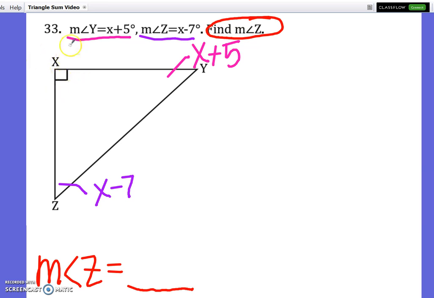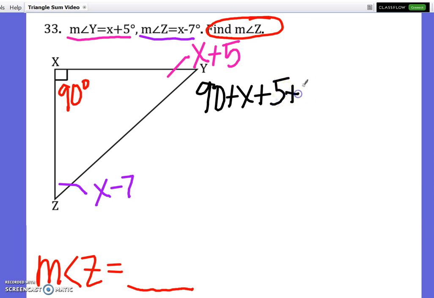Now, over here we have angle x. Now, it didn't give us an expression for angle x, but guys, the box just means 90 degrees. Okay, so we're going to do the same thing that we've been doing this whole time. I'm going to take my 3 angles, add them together and equal them to 180. So, 90 plus x plus 5 plus x minus 7 must equal 180. Okay, so combine like terms.